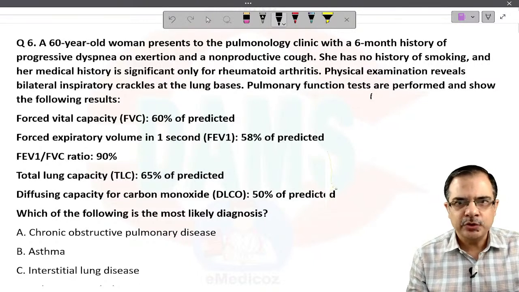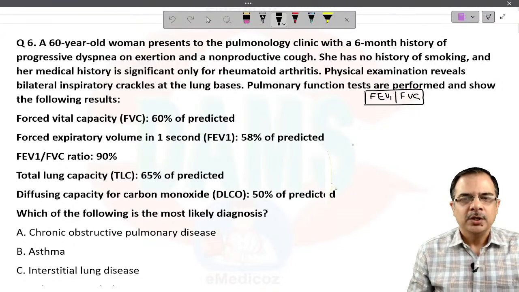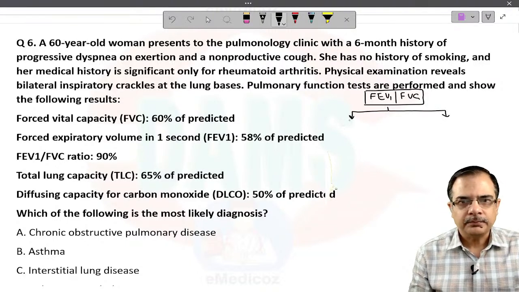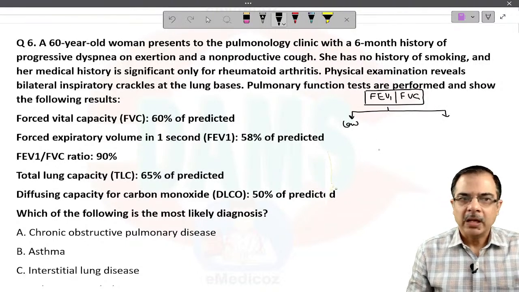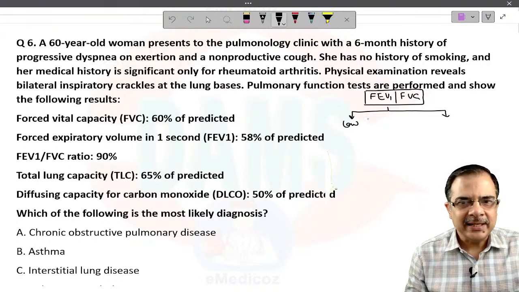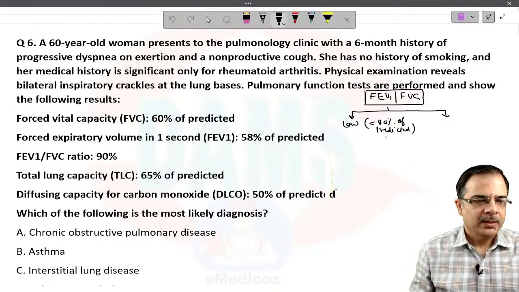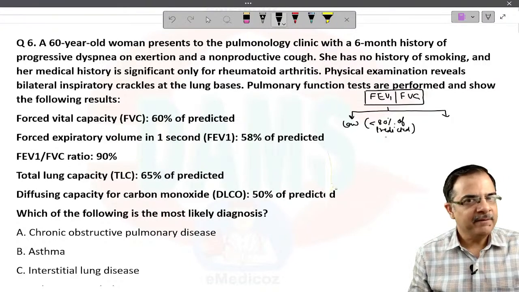The first thing you have to assess is the FEV1 upon FVC ratio. If this comes out to be low, low means less than 80% of the predicted value.